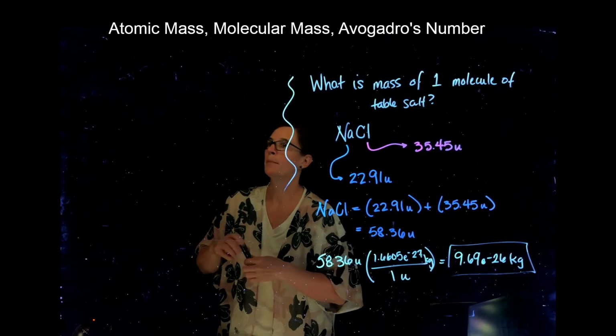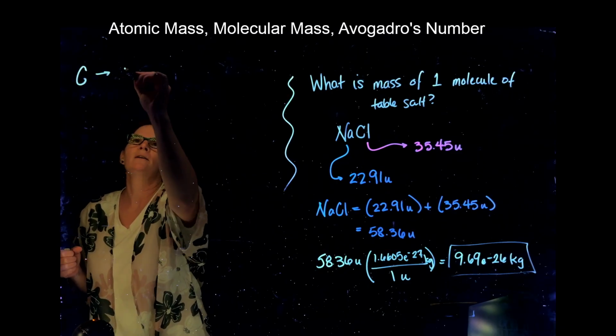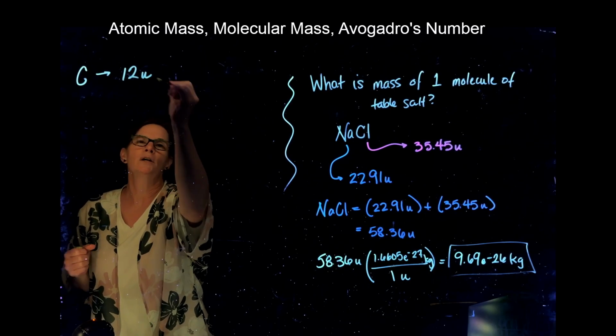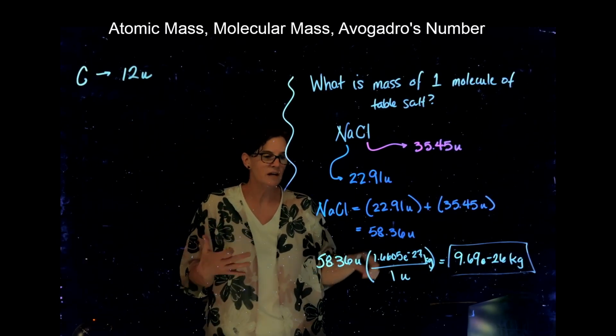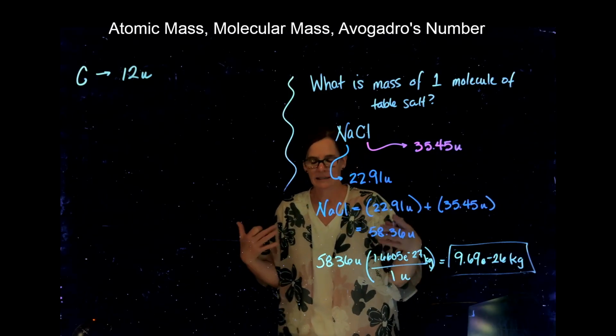So, for example, we said the atomic mass of carbon was 12 times U. So 12 times 1.6605 e to the minus 27 kilograms.